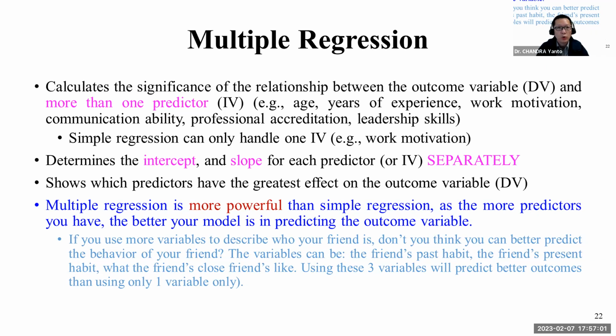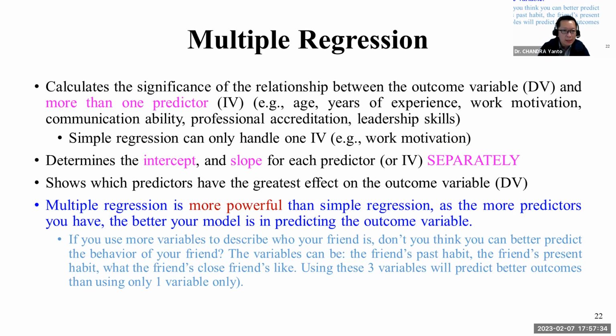In the previous video, I discussed the concepts and techniques to do bivariate regression, which looks at the relationship between two variables. In multiple regression, we want to know whether multiple independent variables can predict a dependent variable, or even more than one dependent variable. So we want to see the effect of each individual independent variable or predictor on the dependent variable.